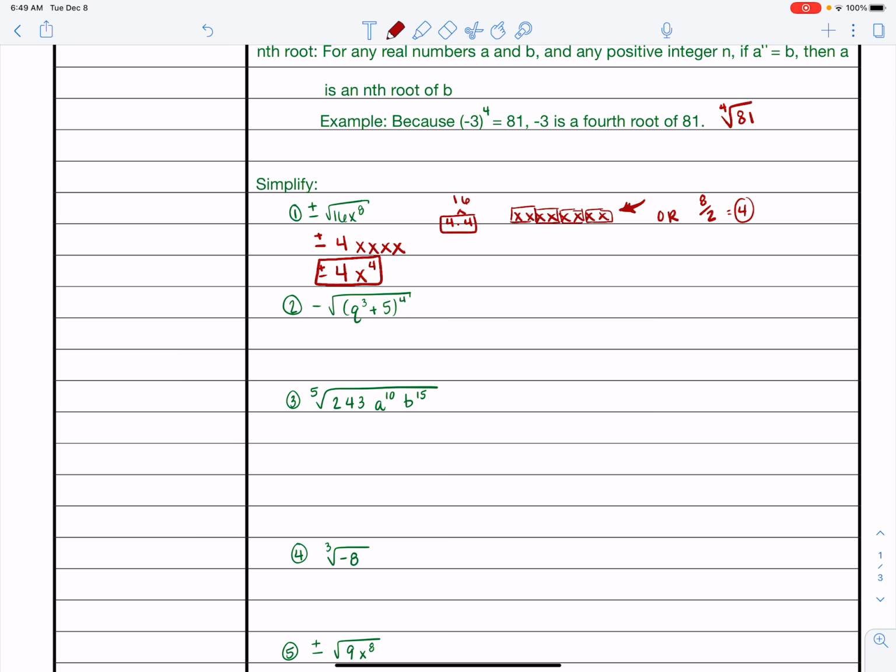It's a negative, so our answer is going to stay negative. So really what this is, we have the square root of q cubed plus 5, to the 4th, which is q cubed plus 5 written 4 times.